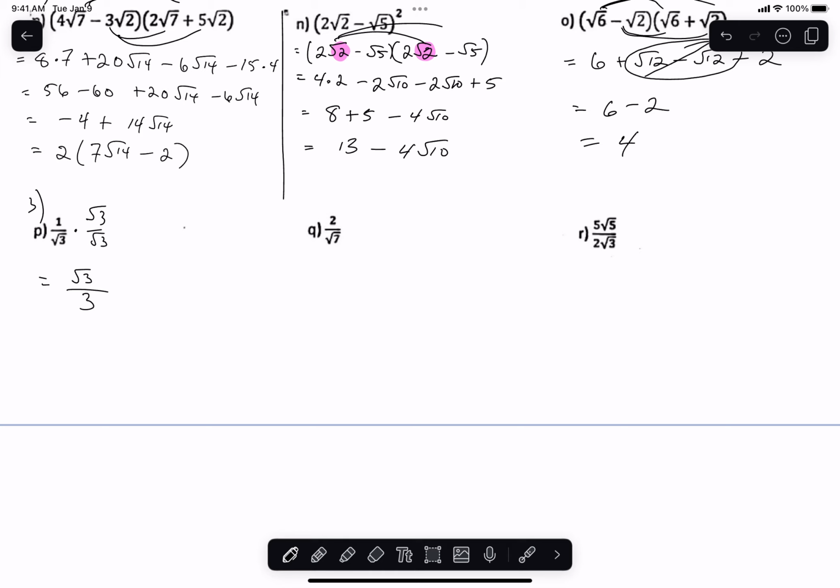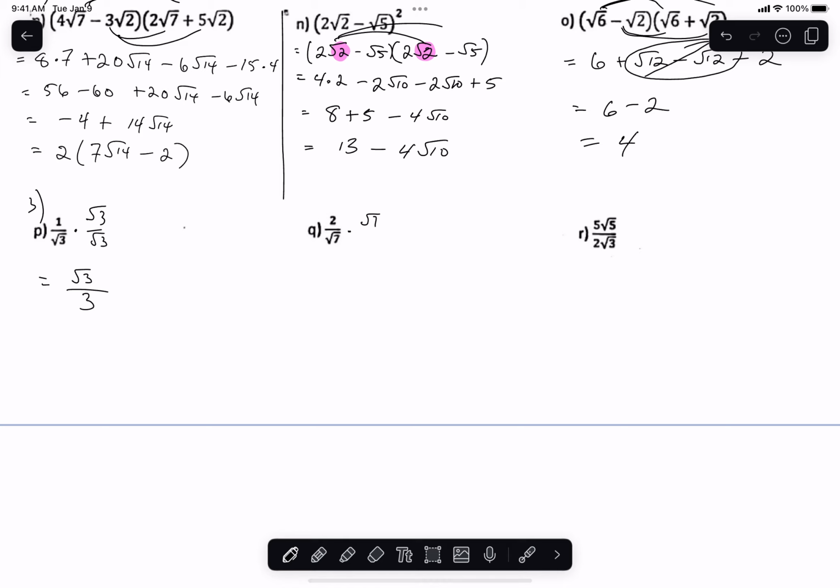Okay, so not a crazy concept. We just don't like having radicals in the denominator, and so we just multiply by the same radical in order to get their exponents to add to 1, I suppose.